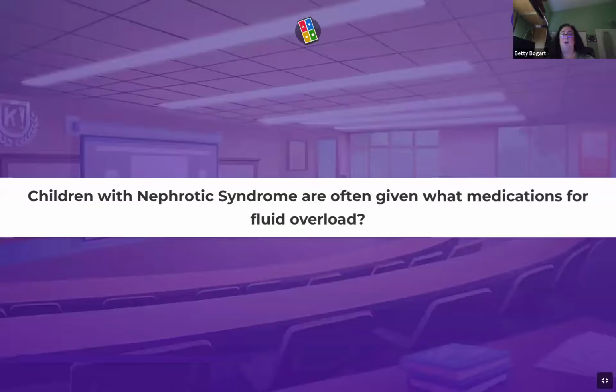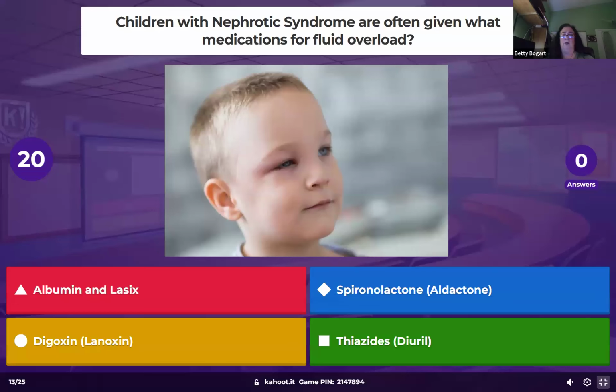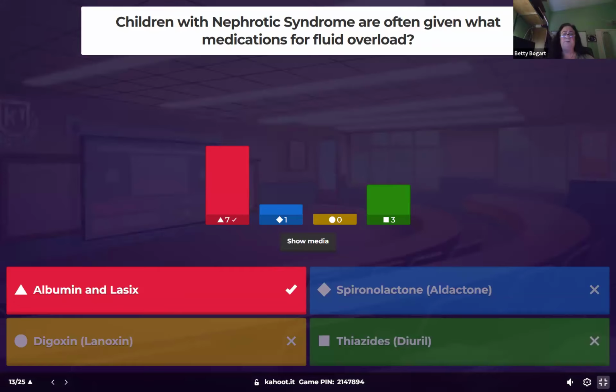Children with nephrotic syndrome are often given what medications for fluid overload? Fluid overload, what would you give? Nephrotic syndrome, what is it? It's your loss of protein. How are you going to get all the fluid in the tissues back into the blood vessels and urinate it out?